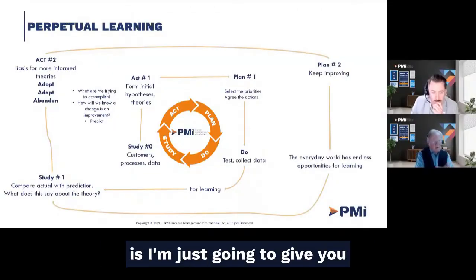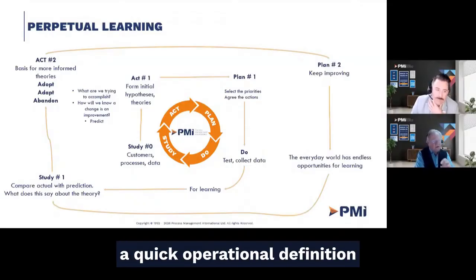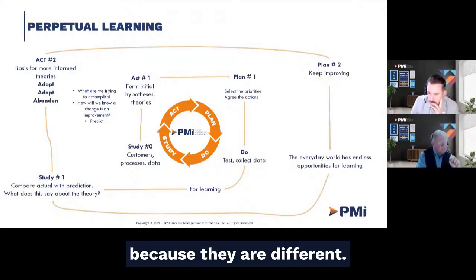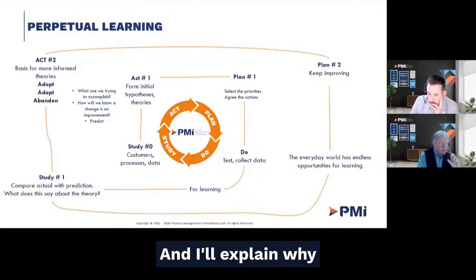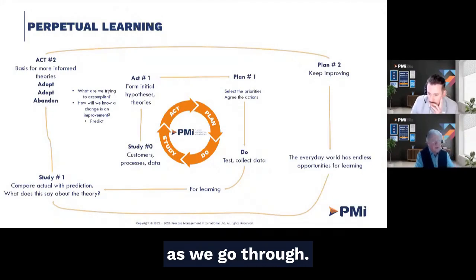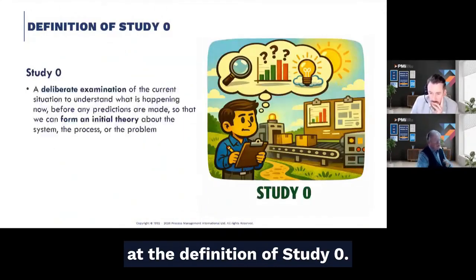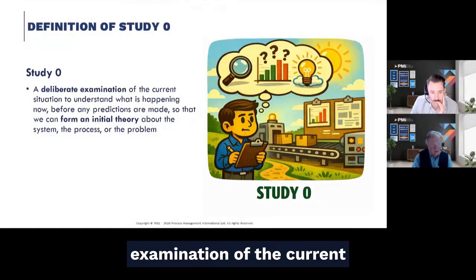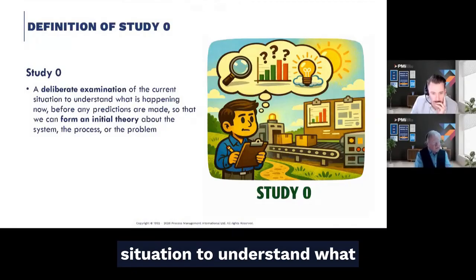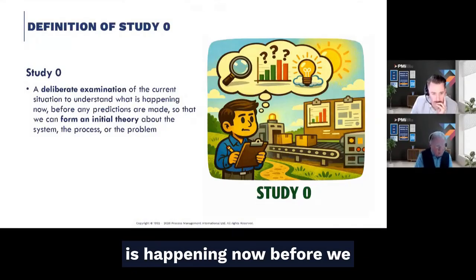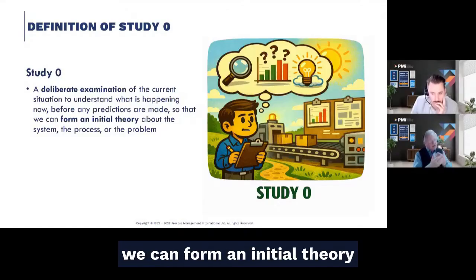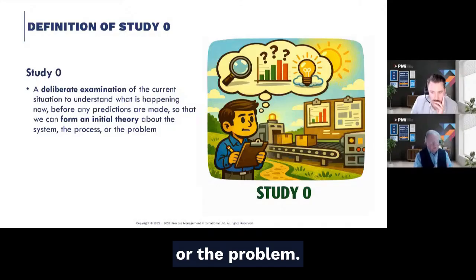Now, pretty much everyone who works with us will know that that's the model. What I'm going to do now, though, is give you a quick operational definition of study zero and then study one, because they are different. And I'll explain why as we go through. But let's have a look at the definition of study zero. Study zero is the deliberate examination of the current situation to understand what is happening now before we make any predictions, so that we can form an initial theory about the system, the process, or the problem.